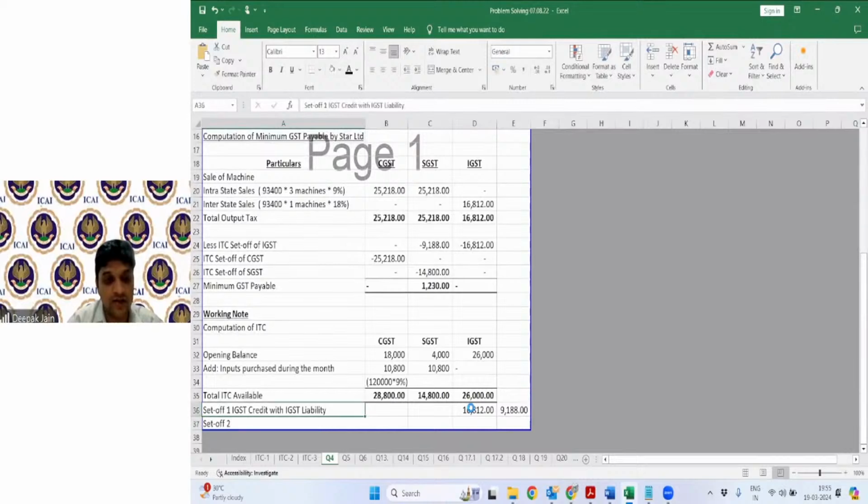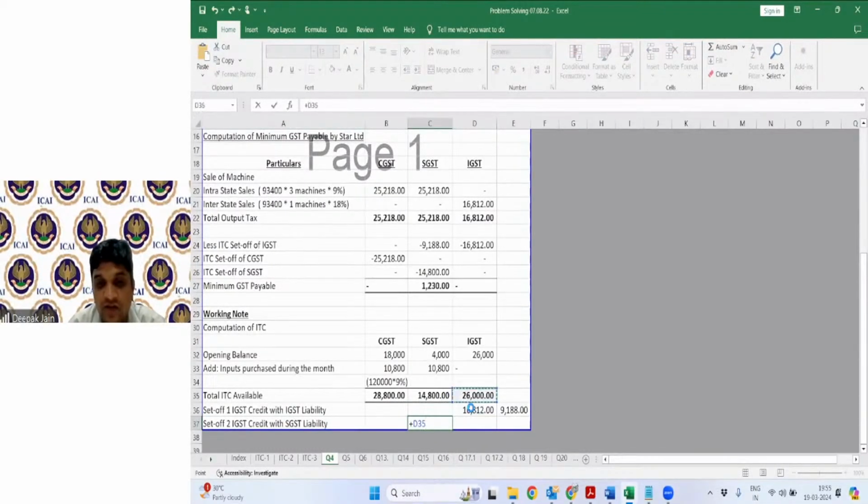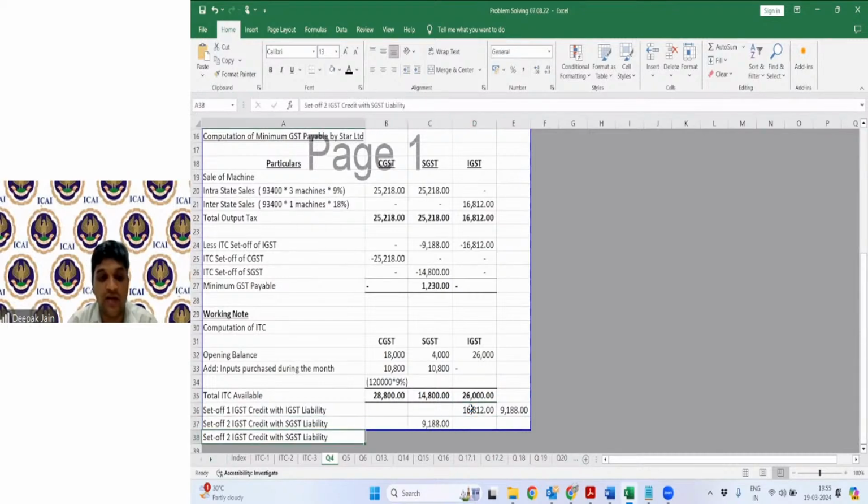Second is IGST credit with SGST liability. कितना बच रहा है? 9,188. So 26,000 credit में से 16,812 I take off, 9,188. IGST balance becomes 0. 26,000 I've distributed for IGST liability and SGST liability.